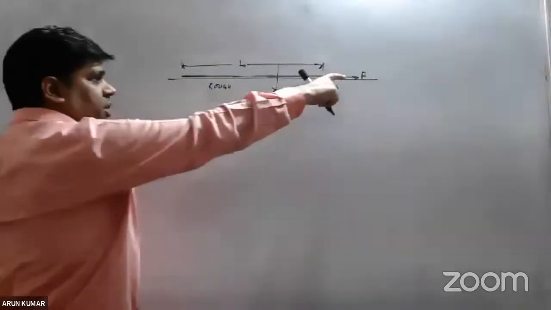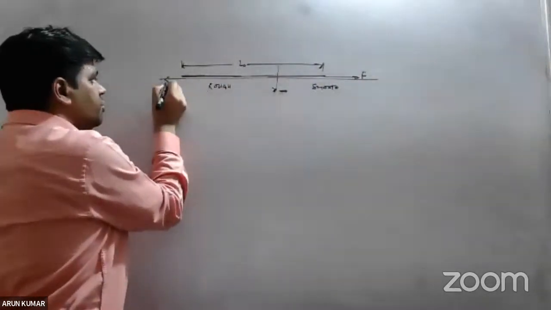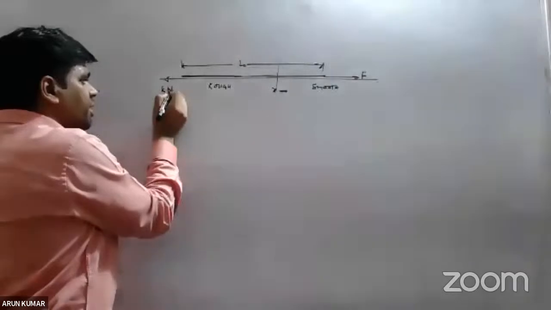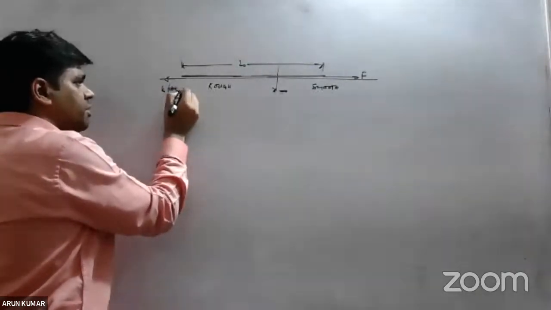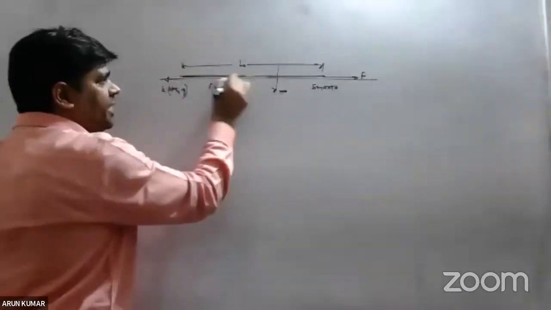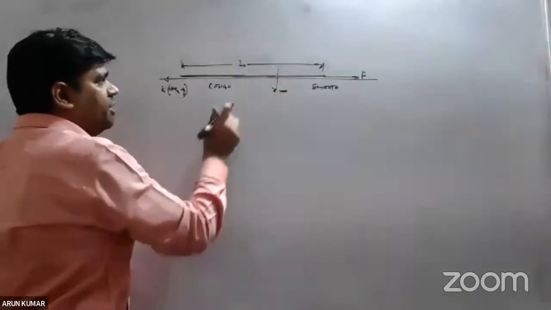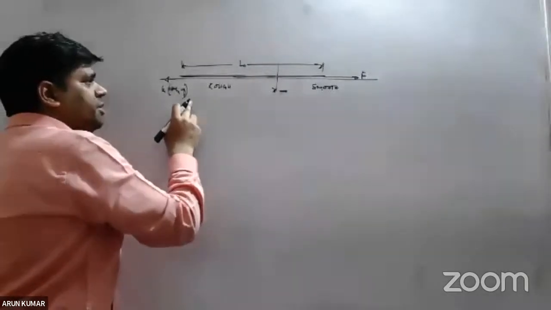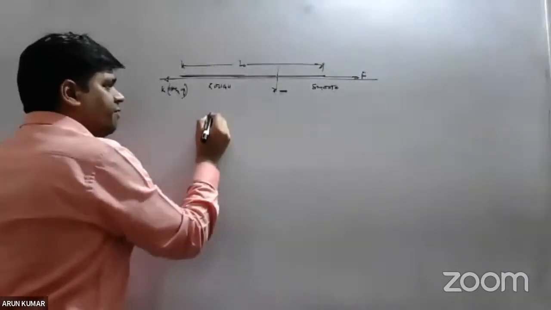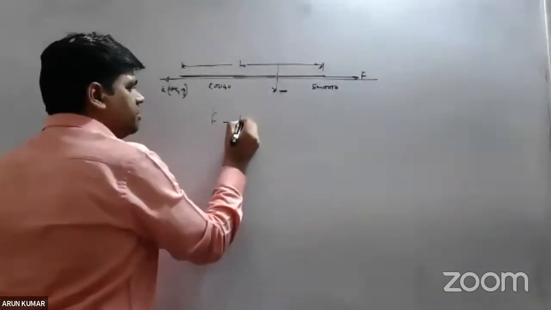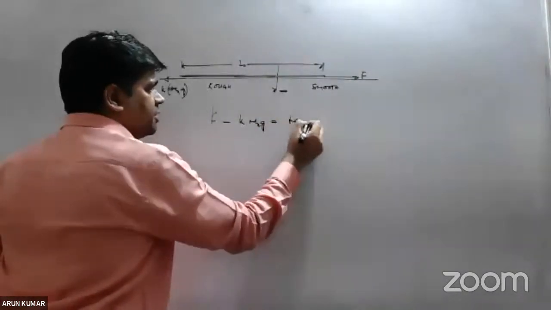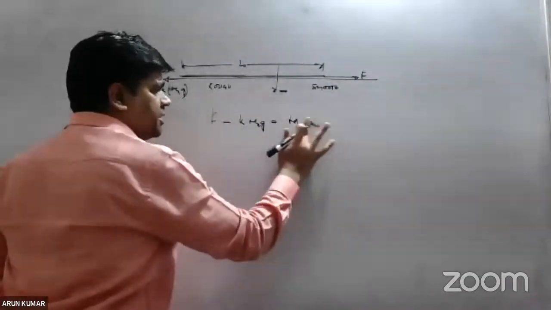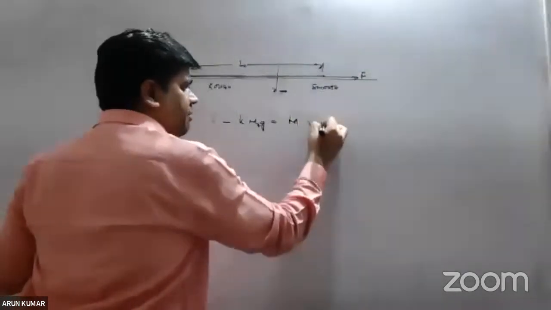This force is constant, but the friction towards the left is mu times N, and N is equal to mxg, where the mass is going on varying. The mass on the rough surface varies, so the normal reaction varies, because of which the kinetic friction will vary. So the net force is F minus mu mxg, which equals total mass into acceleration. This acceleration I'll write as v dv by dx.